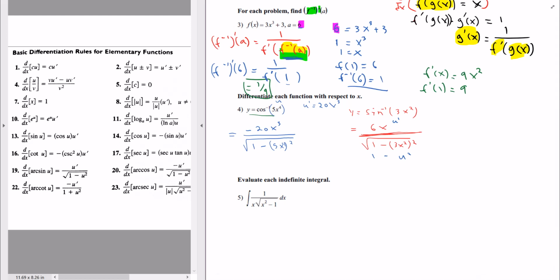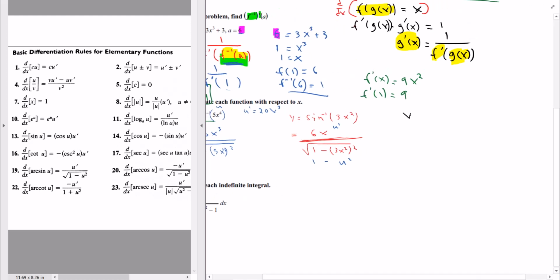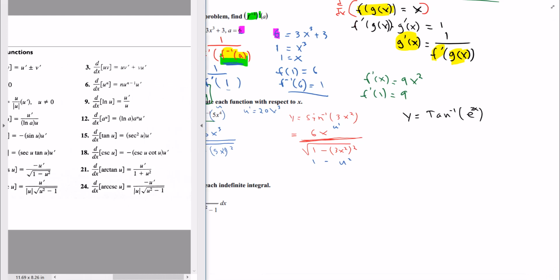Okay, and then one more example, because this might pop up as well, is maybe an arctan, so tan inverse of, let's just do kind of a funky one, e to the 2x. So the derivative of tan inverse is u prime over 1 plus u squared. So u prime in this case is going to be 2 e to the 2x, right?